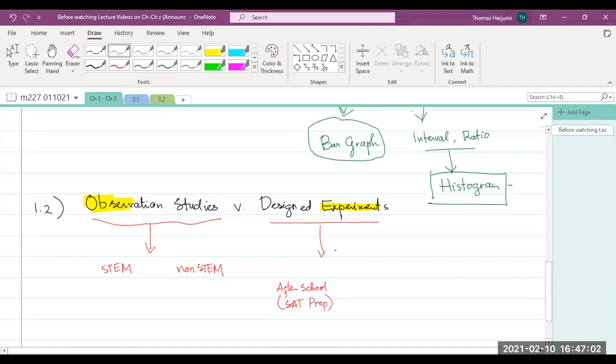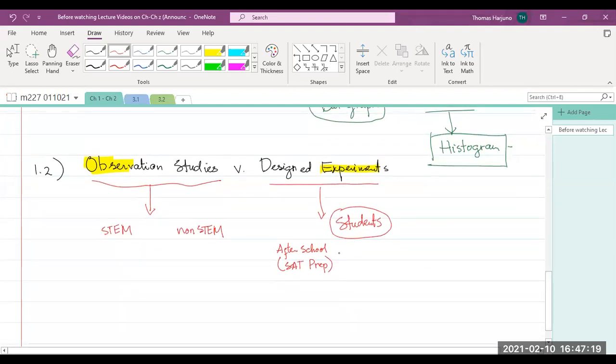Okay, so you compare some students before they took SAT prep, how the group of students did in taking the SAT test, and then after that you provide them with SAT prep, and then after SAT prep you see how they do again.